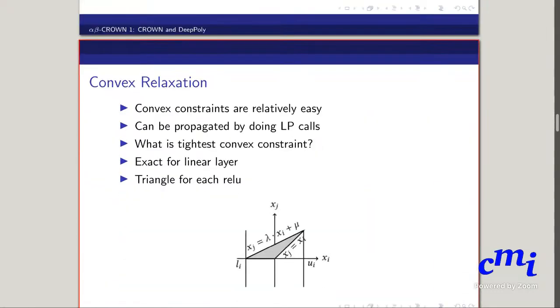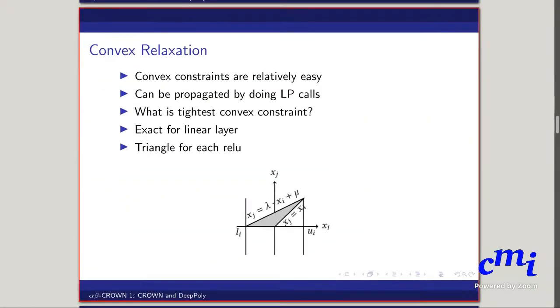Before that, I would like to talk about one idea that is critical to both CROWN and DeepPoly, and this idea can be taken in other directions as well. This is called convex relaxation. I think I've missed adding references here, but I'll put them in when I upload the slides.